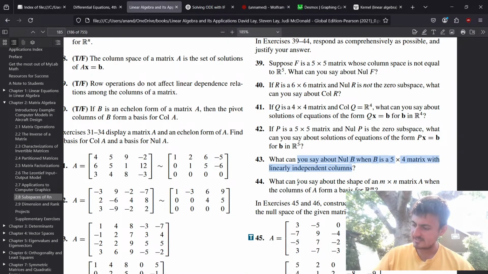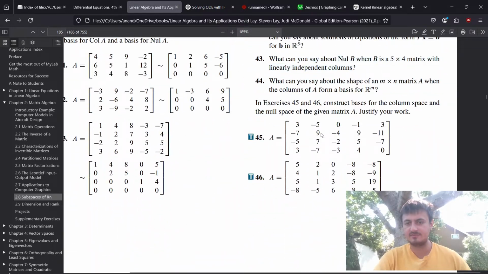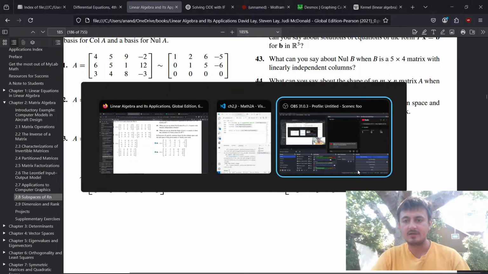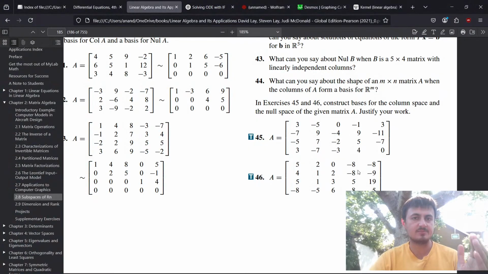Since they specifically said the columns are a basis, that implies independent. Therefore, n is equal to m. Okay, cool. And then the rest are just boring. All right, so we were able to get through this pretty fast. 1 hour to get through subspaces in Rn.